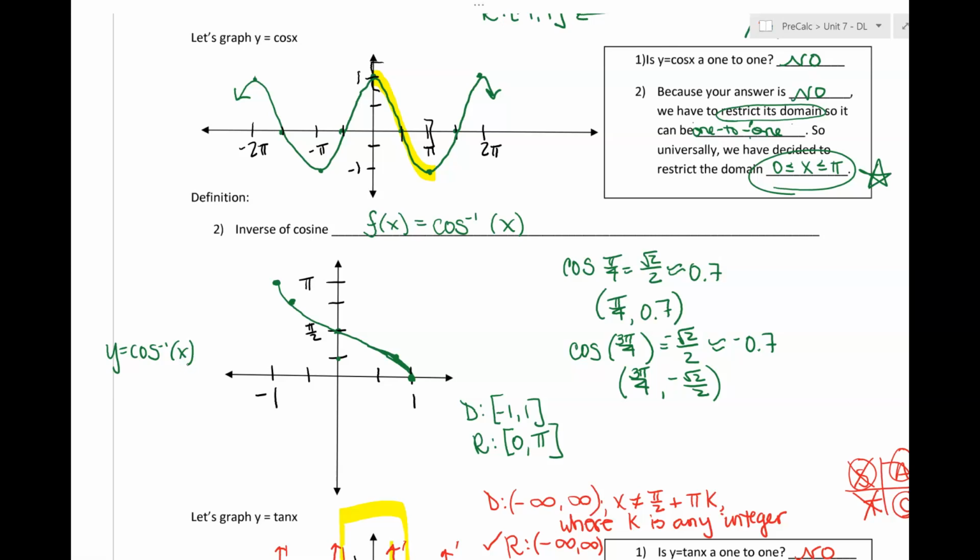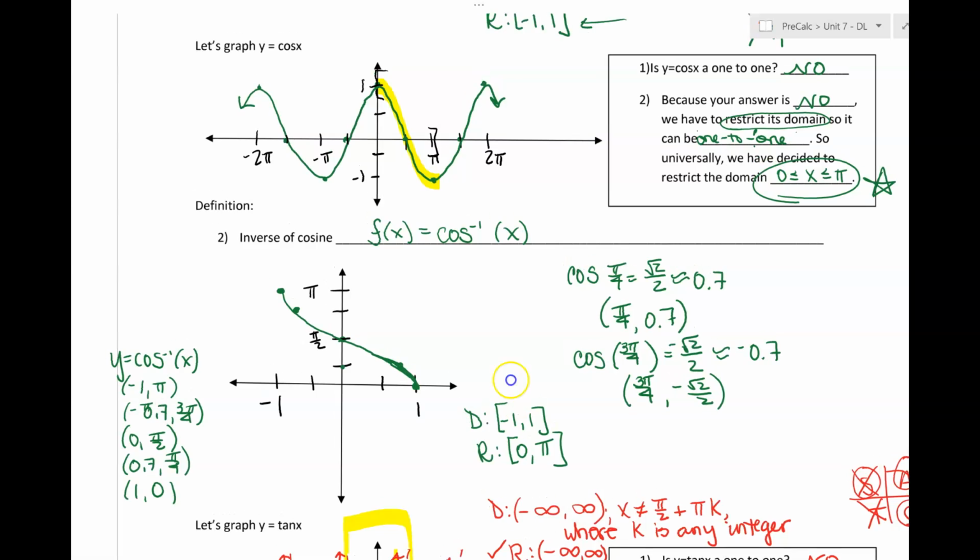Until we get comfortable with how the graph curves, I would say use negative 1, pi, then negative 0.7, 3 pi over 4, then 0, pi over 2, then 0.7, pi over 4, and then 1 comma 0. I know that's 5, I'm sorry, but until we get comfortable with how the graph curves, I feel like that's our best choice.